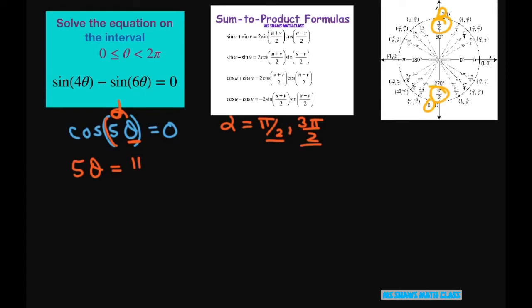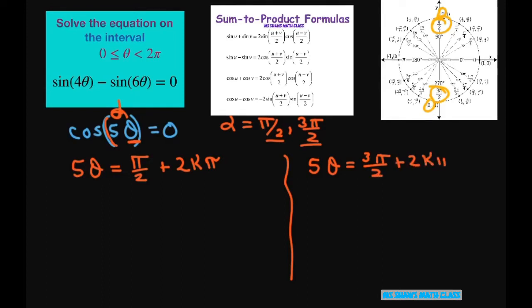Well, the first alpha is pi divided by 2, and then you write plus 2k pi. And your second one is 3 pi divided by 2 plus 2k pi. Now let's multiply each of these by 1/5 so we can isolate theta.